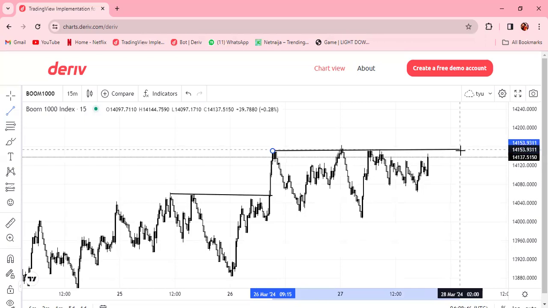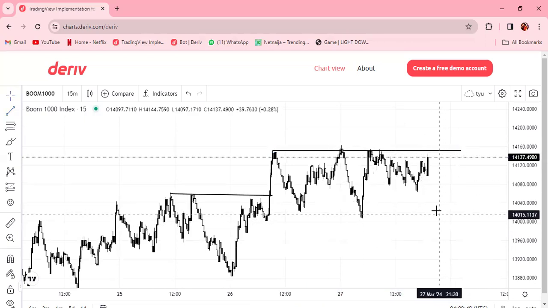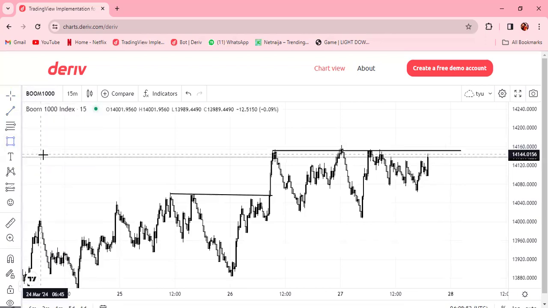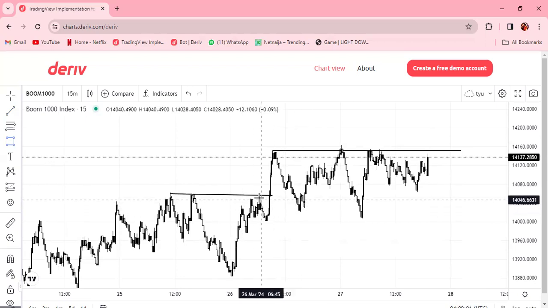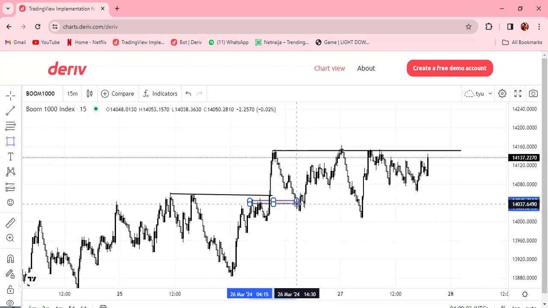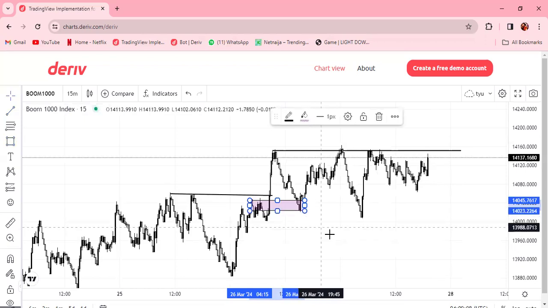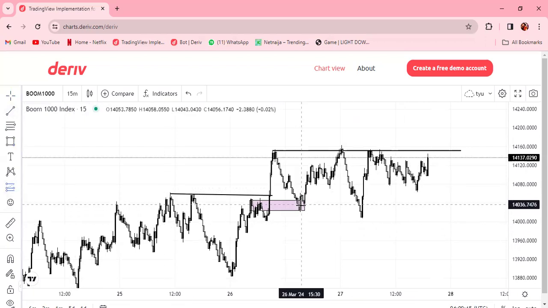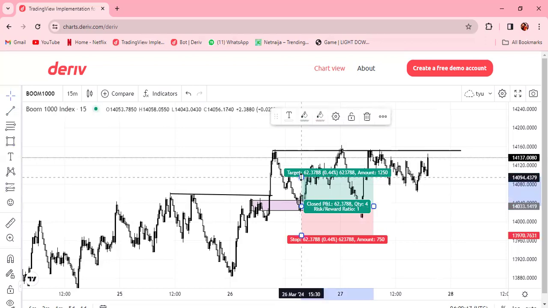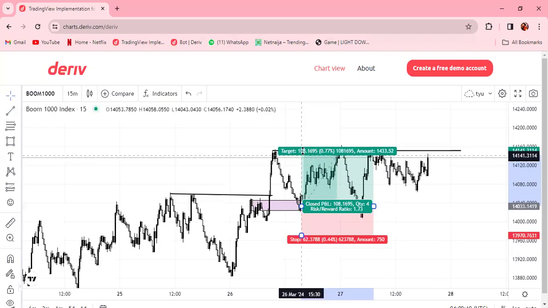So what you would do is you would expect to find a confluence where you take your buy, right? For example, there is a good breaker block here. Then you decide to use this breaker block to enter the market, right? This is where you buy, and then you target the swing high like that.